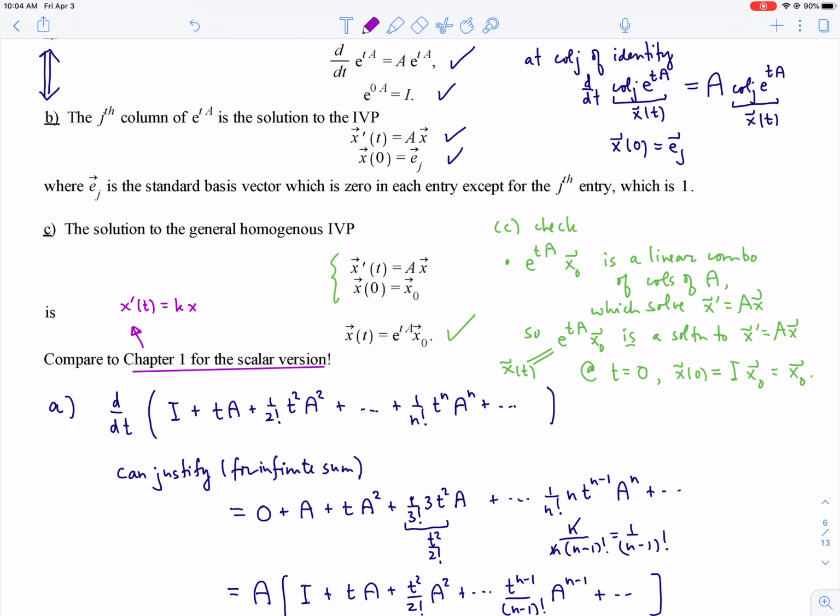The solution was x of t equals x naught e to the kt. Well, that corresponds to the matrix exponential solution that we're talking about now, except we put the matrix on the left and the vector x naught on the right, as it has to be.